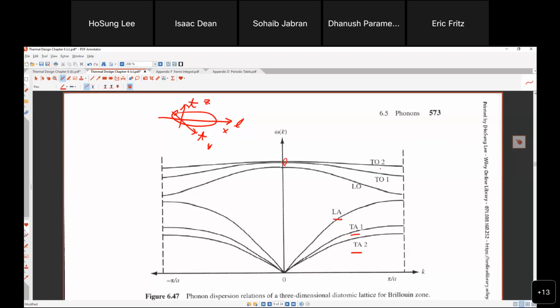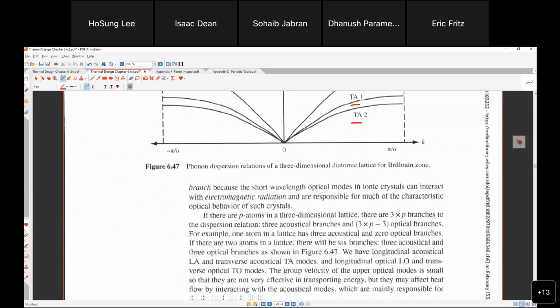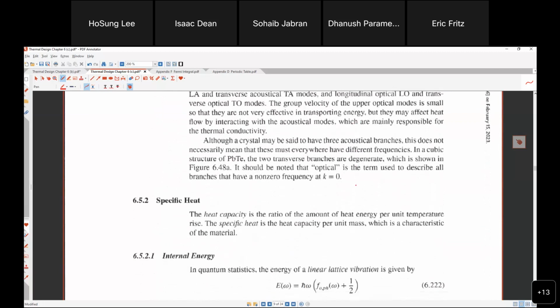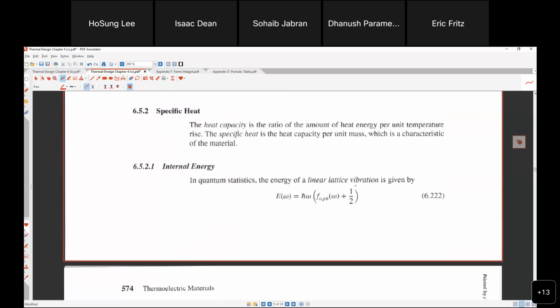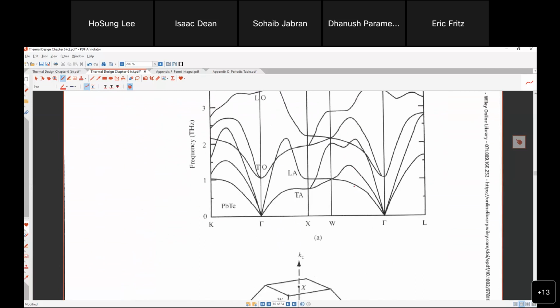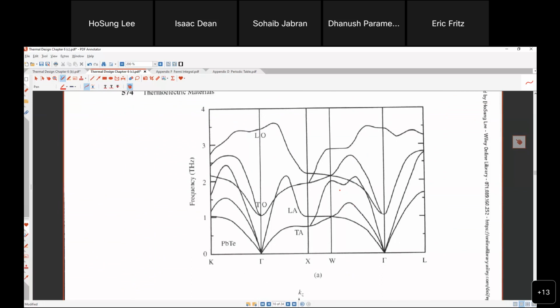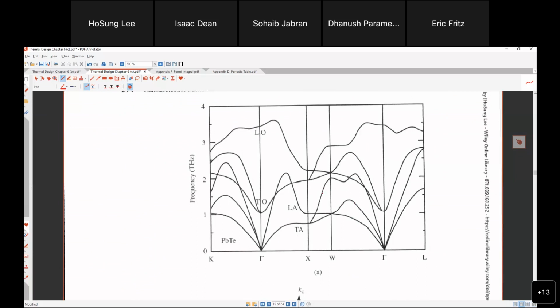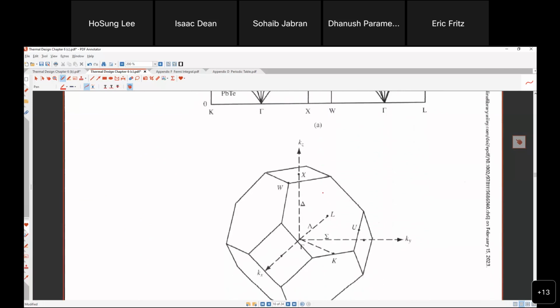Optical also has one longitudinal and two transversal, it turns out. So when we look at the real vibration, this is computation or measurement, the same. Okay, we understand that. I think that this is what a material is.